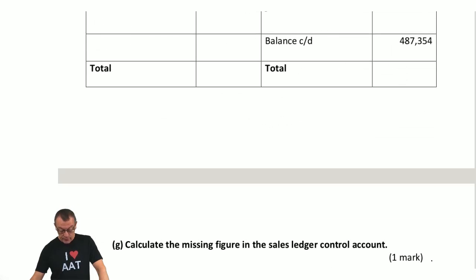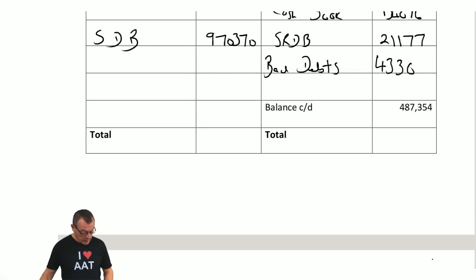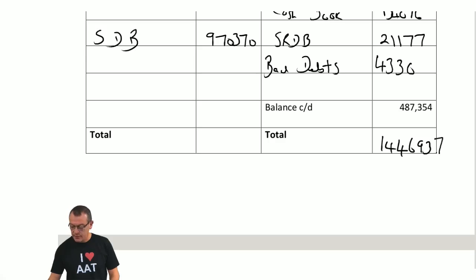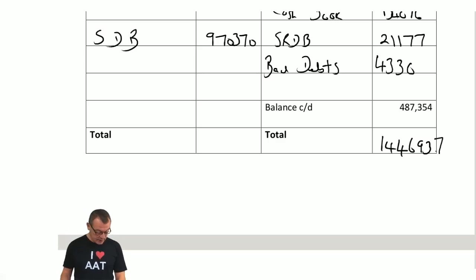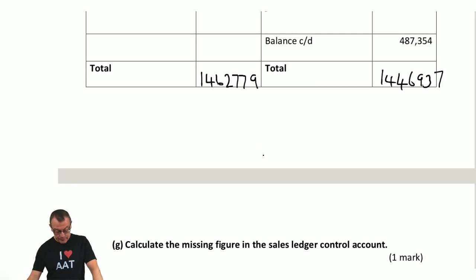Then we need to calculate the missing figure. So let's add the figures up first of all. That should give us 1446937. And on the other side we have 1462779. So those are the totals inserted. Now what's the requirement?